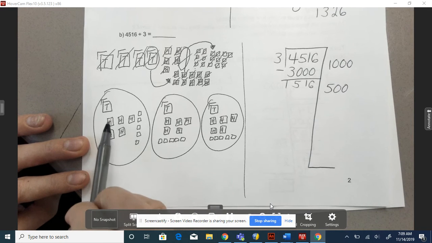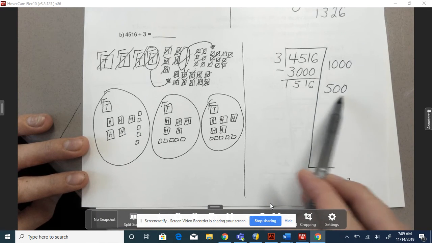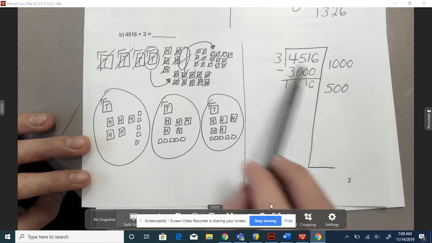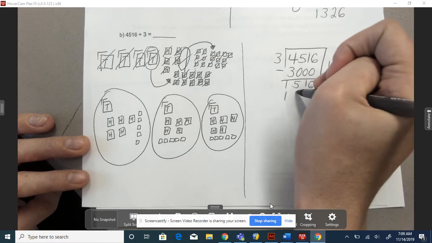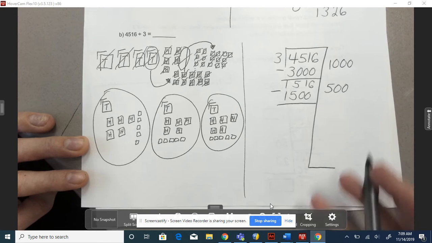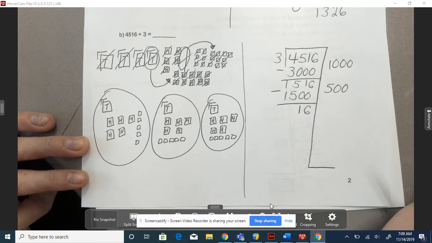Interesting. We put 500s in each group, just like we put 500 over to the side, representing how much is in each group. 3 times 500 is 1,500. We're going to subtract. Wow, we only have 16 left over.